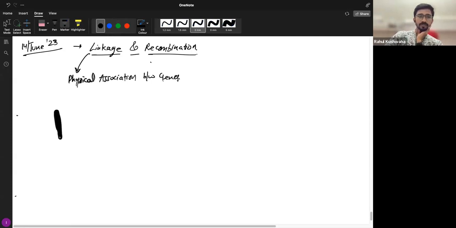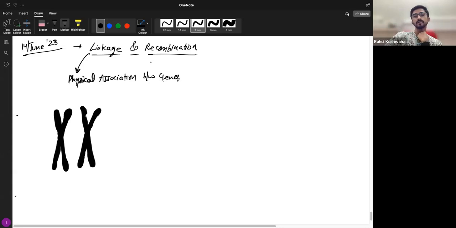You see something like this in your textbooks, right? And we call it a chromosome, correct? An X-like structure. Let's say these two are chromosomes.